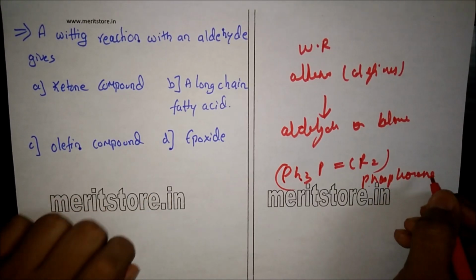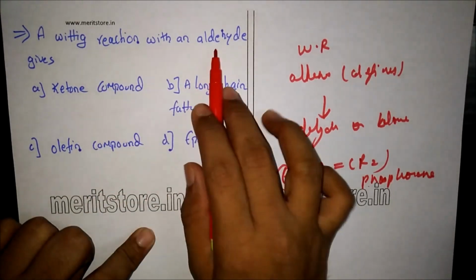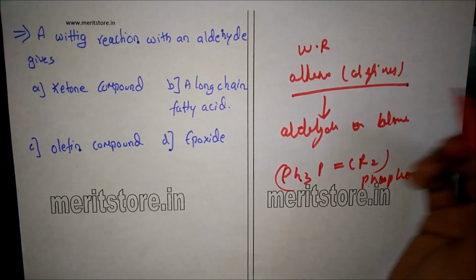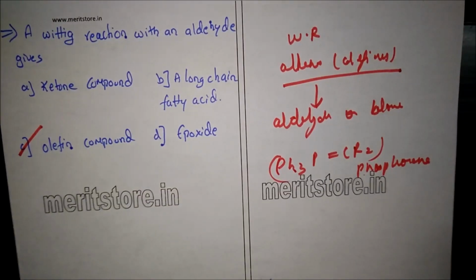Therefore, the Wittig reaction with an aldehyde gives alkenes or olefins as the product. Therefore, the correct answer is option C, olefin compounds.